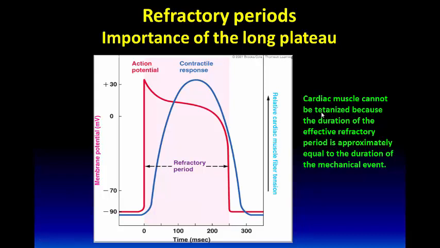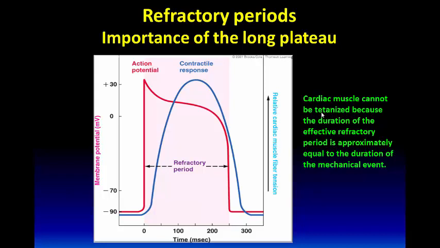In the case of a skeletal muscle, in order to perform an external work, for example, picking up a pencil, the skeletal muscle has to undergo continuous contraction. We cannot have an external work performed by a skeletal muscle when it undergoes contraction, relaxation, contraction, relaxation.